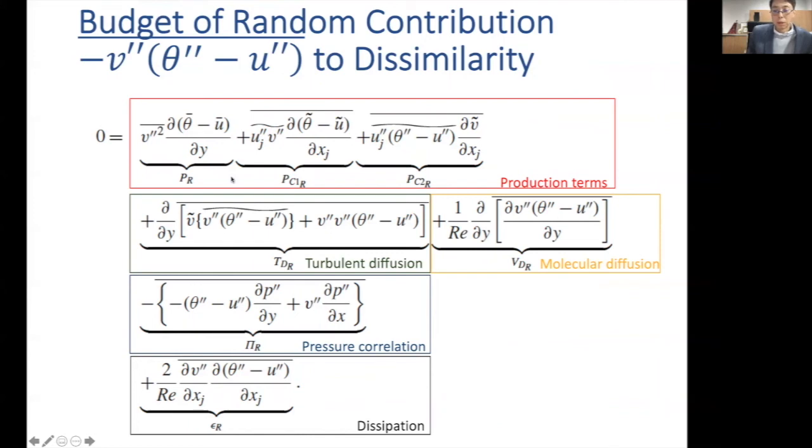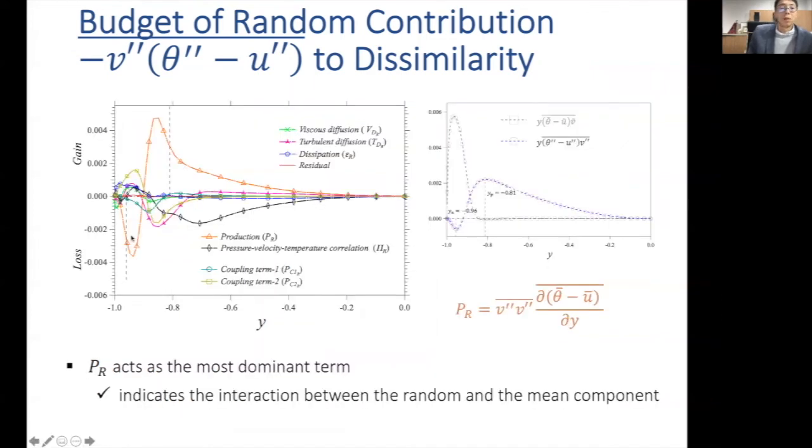It's a little bit complicated, but eventually we found that the production term is the dominant term. If you look at the budget, you see a strong positive peak. This is coming from the production, and this location agrees fairly well with the peak of random contribution.